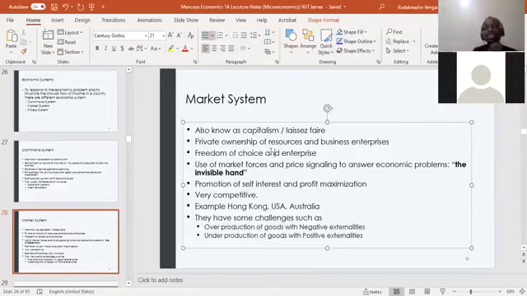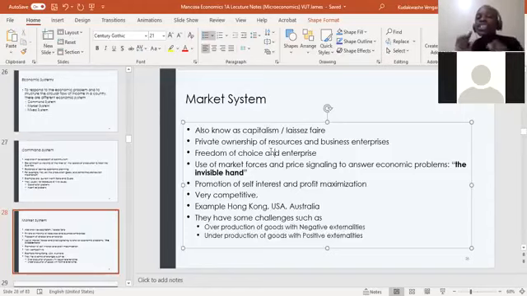And when they choose not to demand it, the price is going to go down. When the price goes down, producers make losses. And when producers make losses, they get out of that industry. Then production stops for that good or service, which means things that are not wanted are not produced, because they're not going to be bought by people. So that is what we call market forces, price signaling, and the invisible hand.